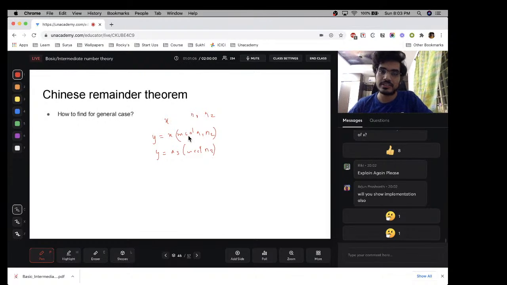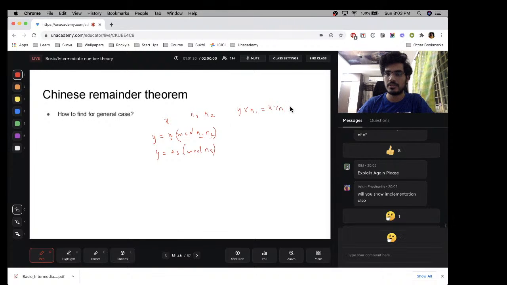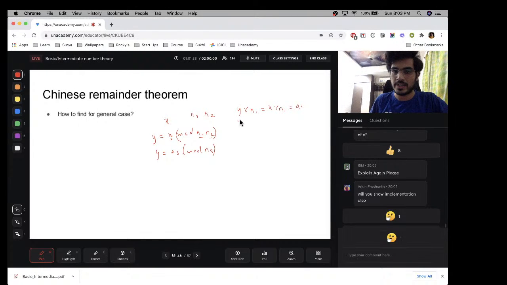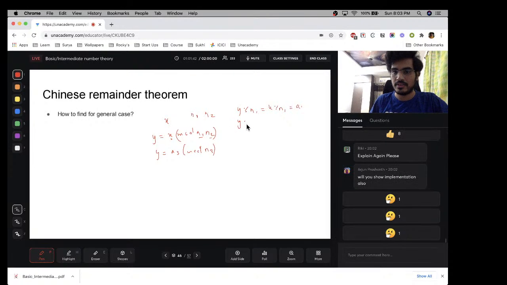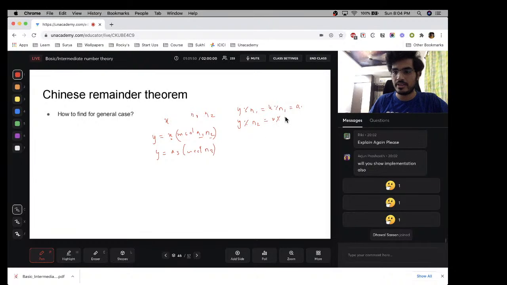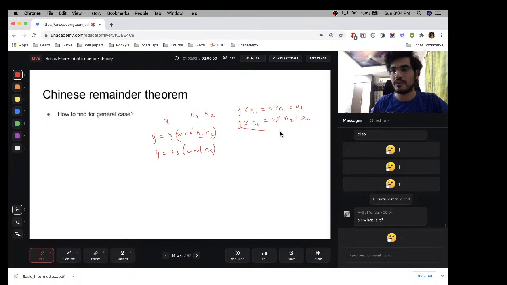Then since for n1 and n2 we found x, since y equal to x mod n1 and n2, then y mod n1 equal to x mod n1, that equal to a1. y mod n2 will be equal to x mod n2, that is equal to a2. So for this one we found x.